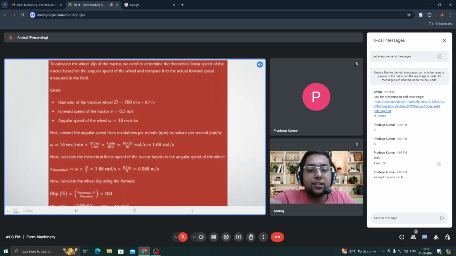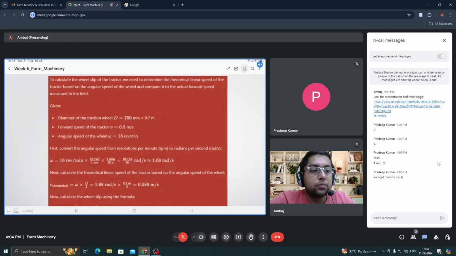Diameter of the traction wheel is 0.7 meters. Then forward speed is 0.5 meters per second. Then the wheel speed is 16 revolutions per minute. Sorry for some mistake, just a second, I'll correct.